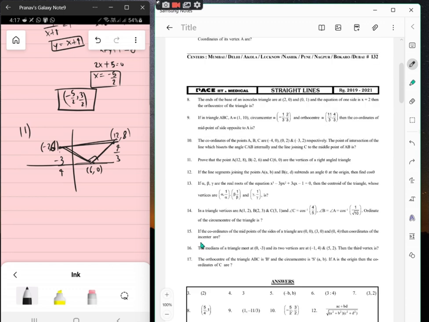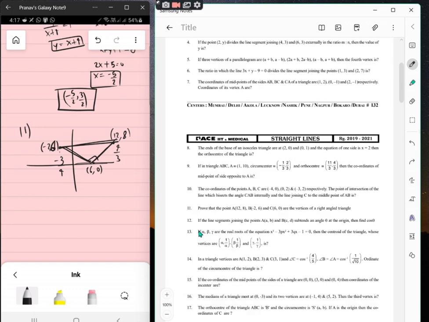Next, prove that, oh, that's done. 12. If the line segments joining the points A, comma B and C, comma D, okay, subtend an angle theta at the origin, find cosine theta.